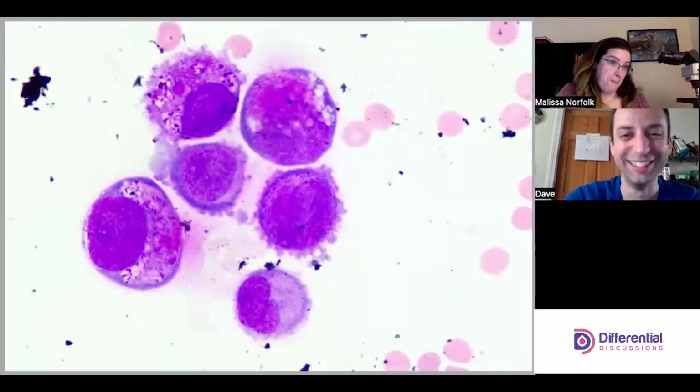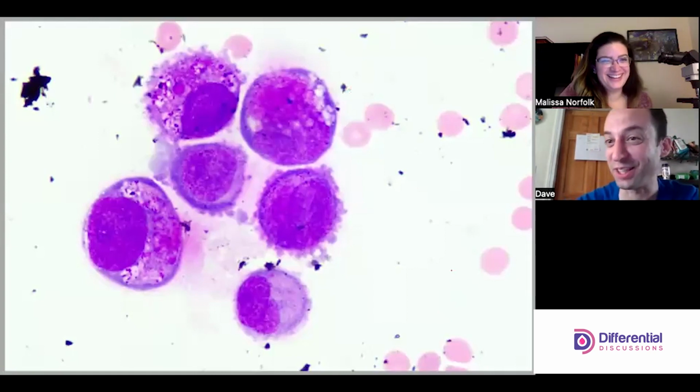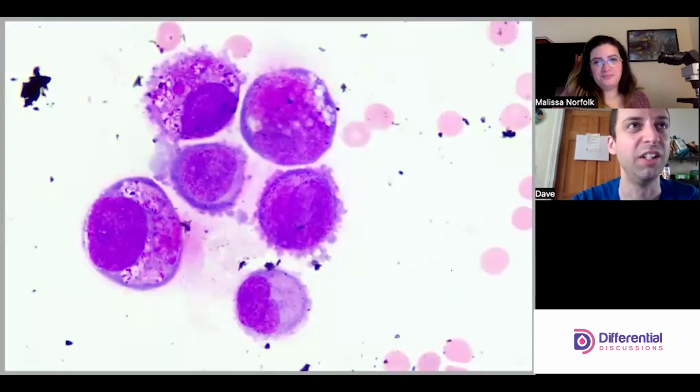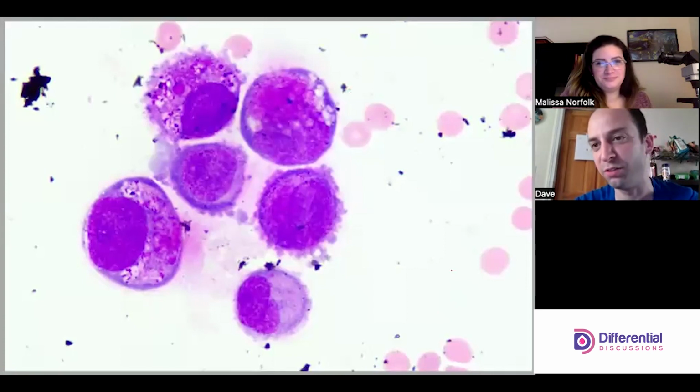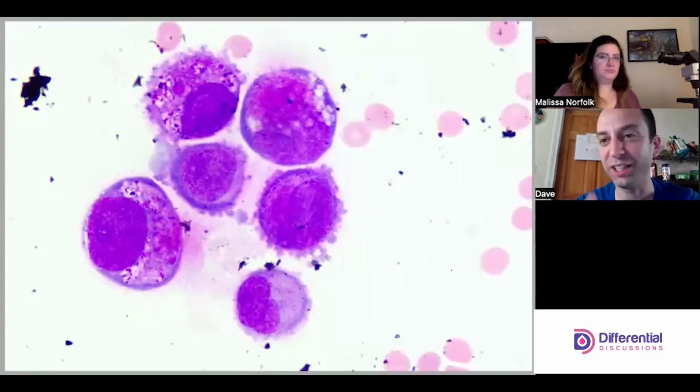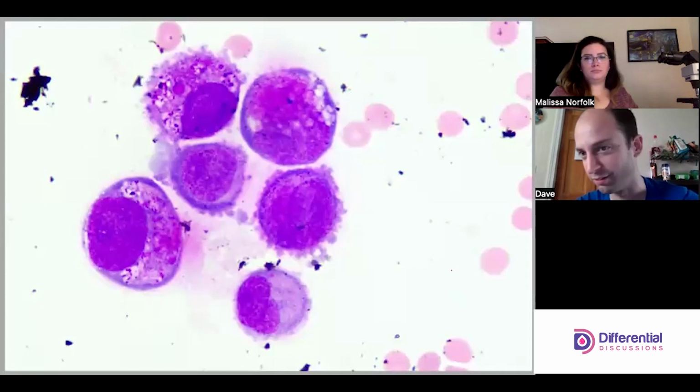Then we talk about the shape of the nucleus. Lymphocytes typically have round to kidney bean shaped nuclei, and normal lymphs can have weird shapes too.